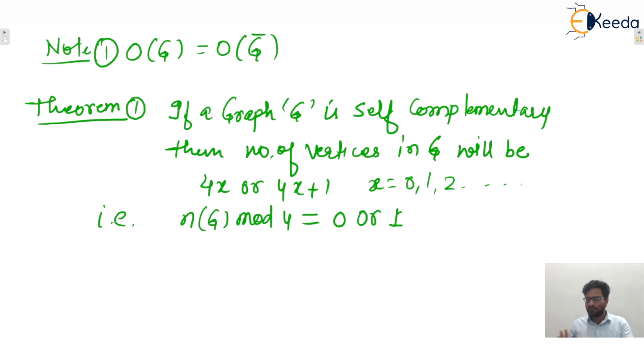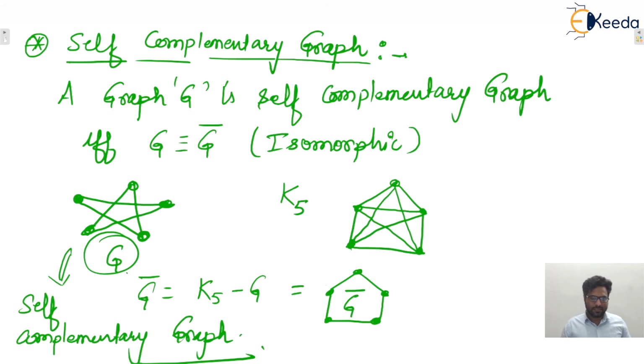But remember that the converse is not true. We cannot say that if a graph has 4x or 4x plus 1 vertices, then it will be self-complementary, because P implies Q doesn't mean Q implies P. So be careful. In the last example also, is this graph self-complementary or not?